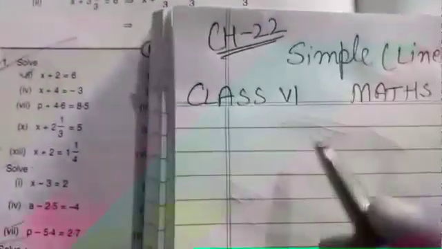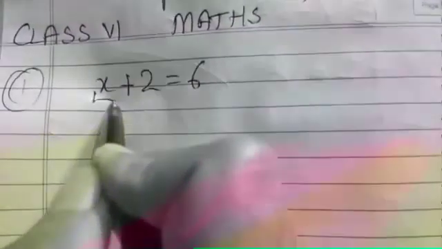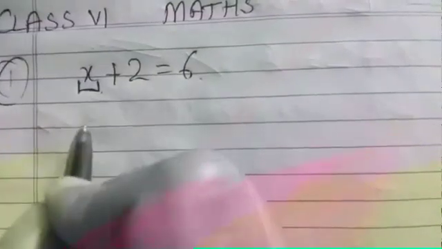So question number 1 is x plus 2 is equal to 6. It's very simple. We have to find the value of this literal coefficient. Now x is the only variable in the equation, so we will keep it on the same side. Take this 2 to the other side.